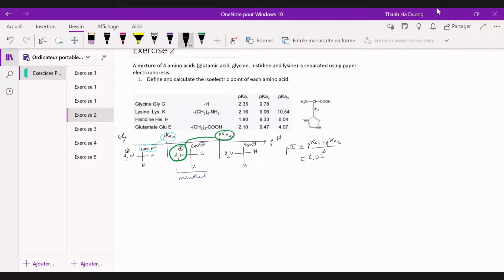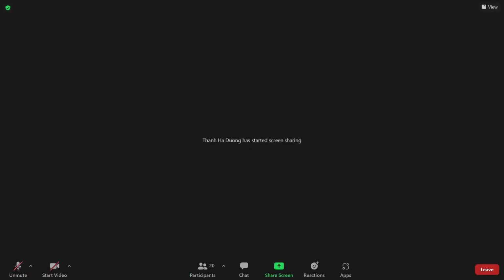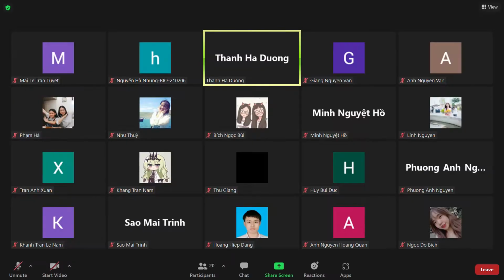For histidine, I did it during the class. If you remember that, the pI of histidine will be the average of pKa2 and pKa3.